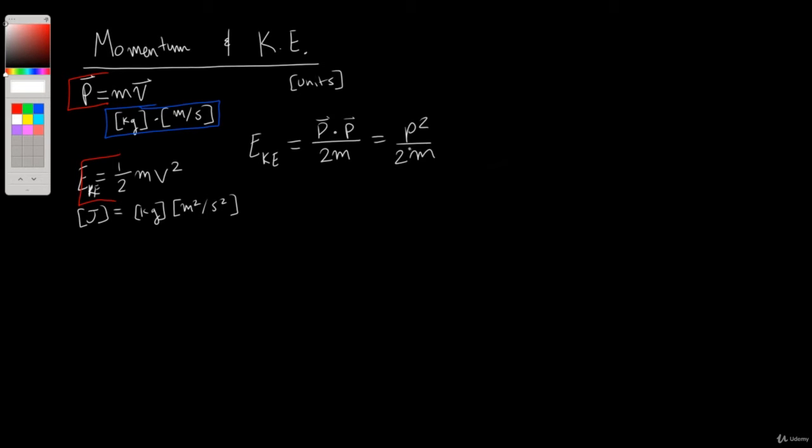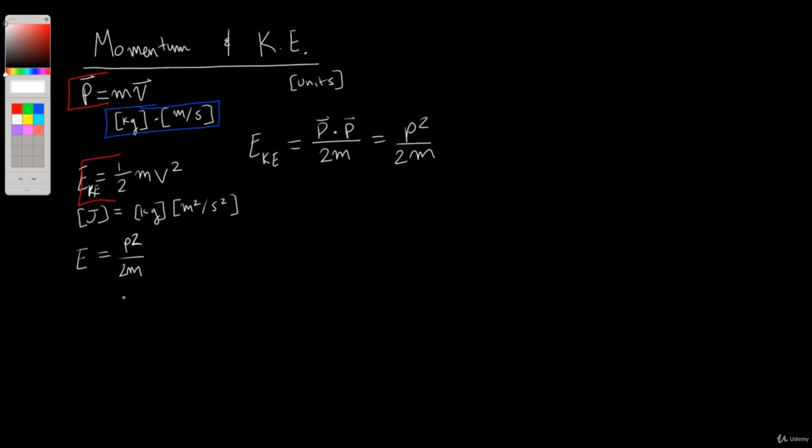We can really check this. It's not that big of a deal. You can simply substitute mv for p here, and then you'll realize that you just get 1/2 mv squared in the end. And so we have our kinetic energy, which we can write in terms of momentum, and we can write in terms of velocity.